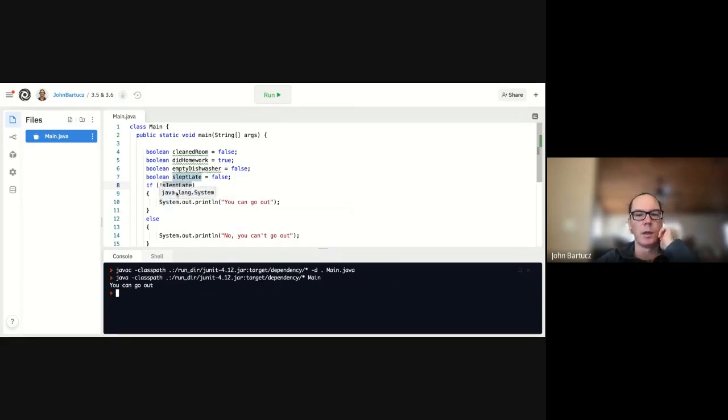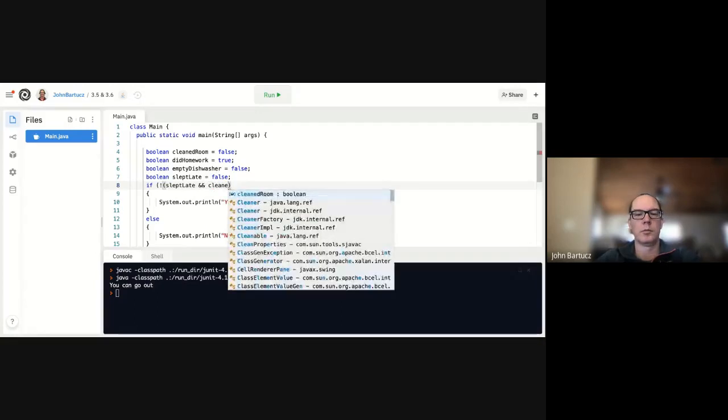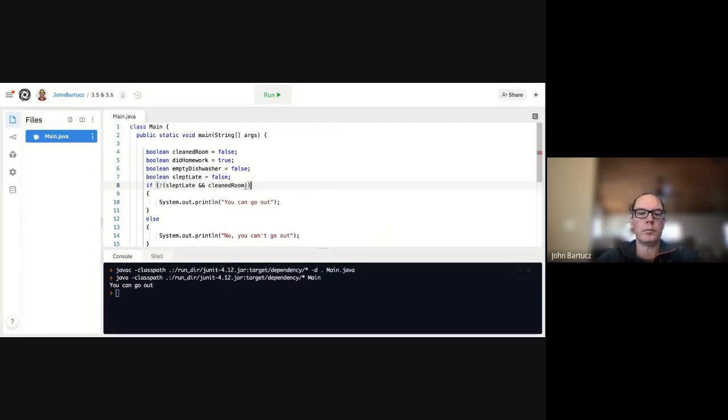And so you can use not for a lot of things. You can put it in front of parentheses. So if you did not sleep late, and I don't know, cleaned room. All right, so slept late is false and cleaned room is false. So this whole thing in the parentheses is false, but this not will make it true.